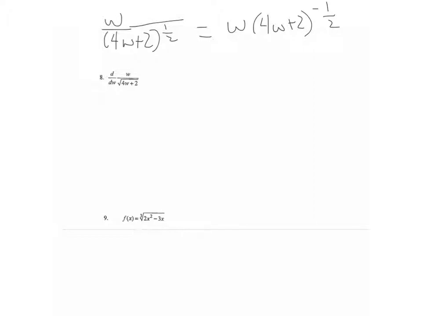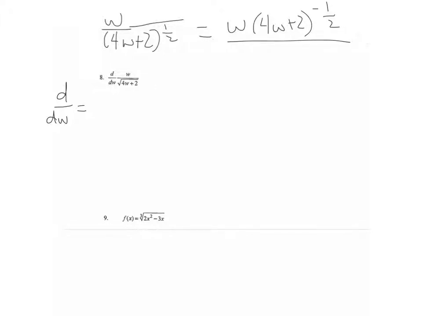chain rule as well. So let's start on this, and that would mean that if I'm taking the derivative with respect to w, and I'm looking up here at this rewritten form.